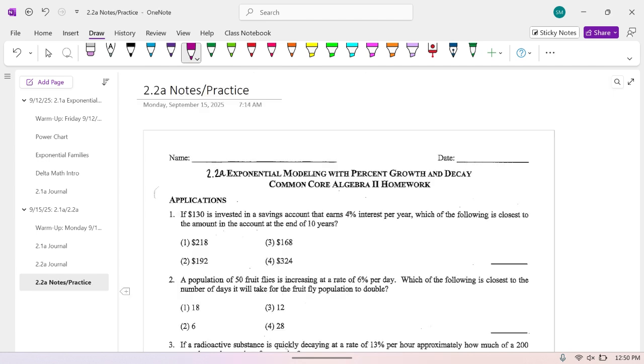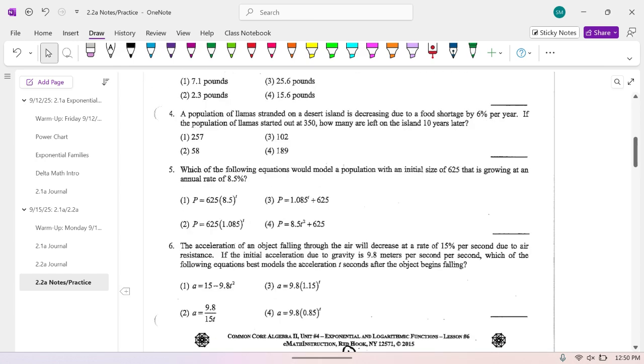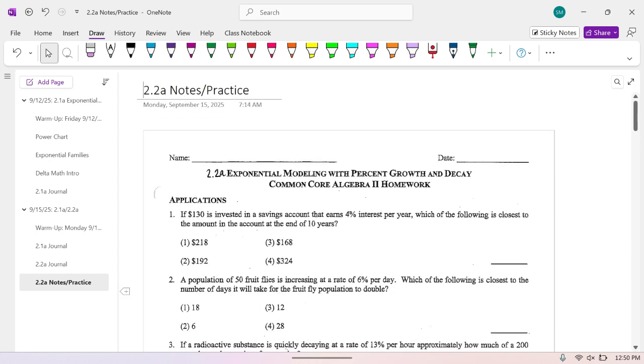Now, for the rest of class, what you can do is your optional assignment, which is pages 1 through 4 of your new packet. All right, it's just on the stuff that we've done today. So plugging it in, putting it in your calculator, getting an answer. All right. So you guys got a solid 15 minutes, so use your time wisely.